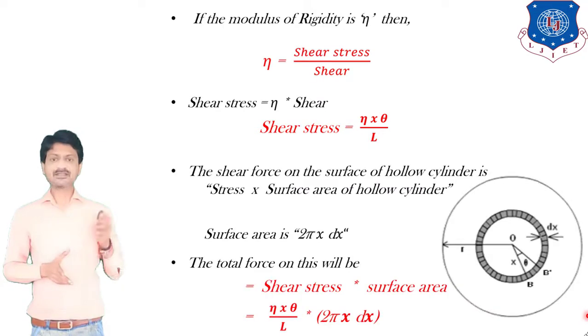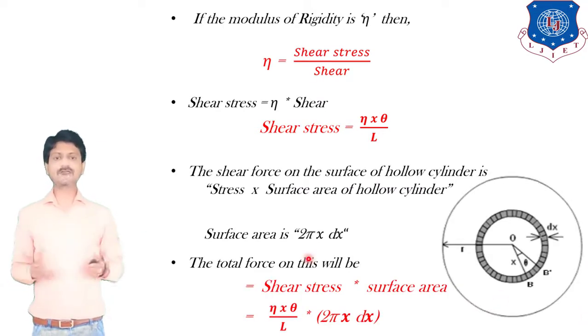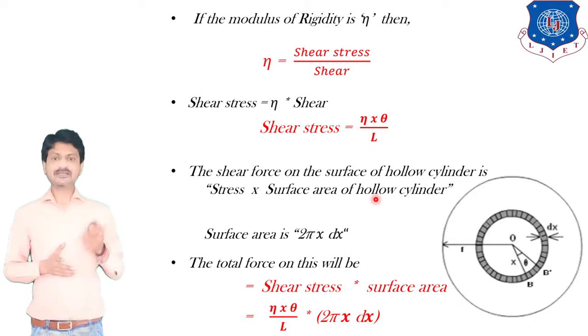Now, the shear force on the surface of the hollow cylinder is stress into the surface area of the hollow cylinder, because we know that stress is nothing but force per area. So here we can say that shear force is equal to stress into the surface area of the hollow cylinder. Now you can see in figure B that the radius is x and the thickness is dx.